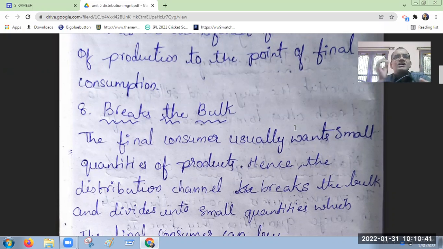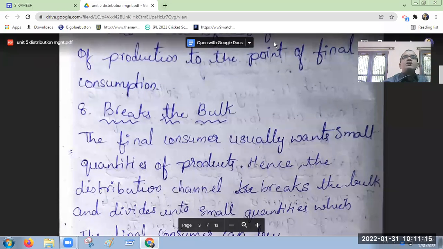See, another example I will tell you. If you go to a supermarket, take the case of any dal, or palli. What will they do? A 1 kilo pack will be there, a 500 gram half kilo pack, then a 250 gram pack. But while purchasing, they will not purchase in smaller quantities. They are going to purchase in bulk: a 100 kilo bag, 200 kilo bag, 1000 kilos at a time.